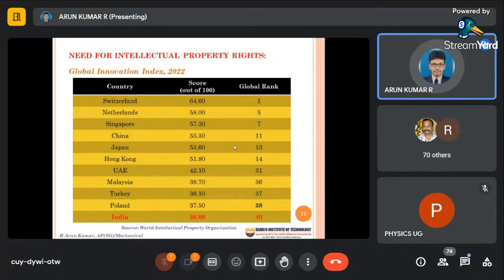It has also been reported that the average age of our country is 28.4, with almost 60 percent of the population below 40 years. Now, in spite of having this large and rich human resource, young brains, we are unable to compete for the top 10. That is a problem with us.